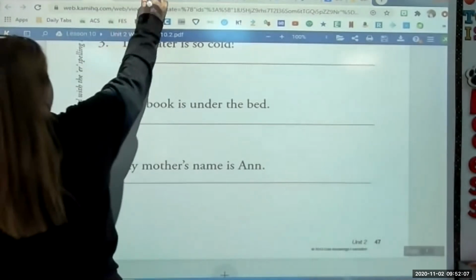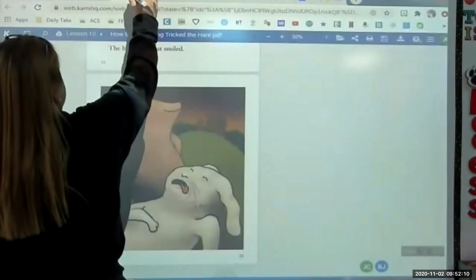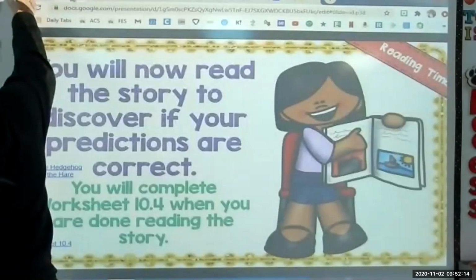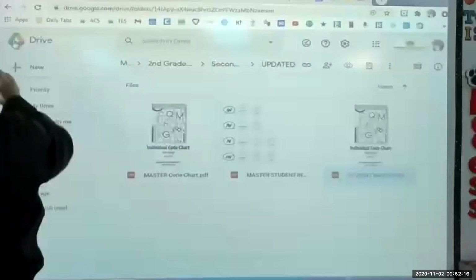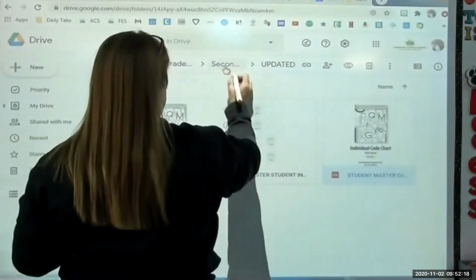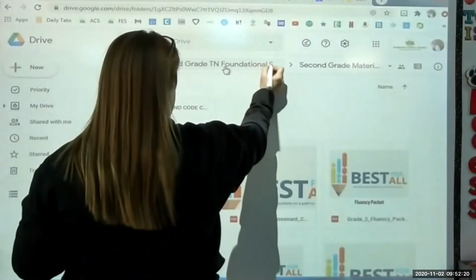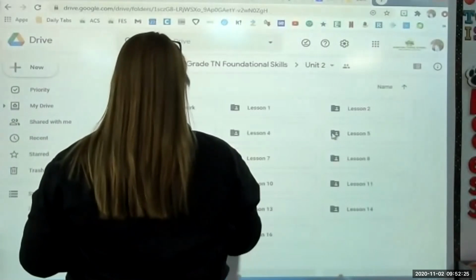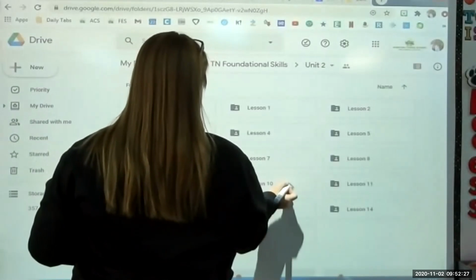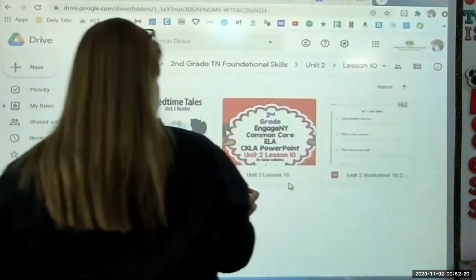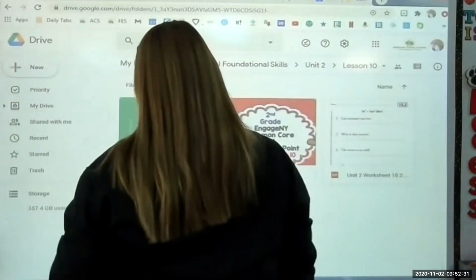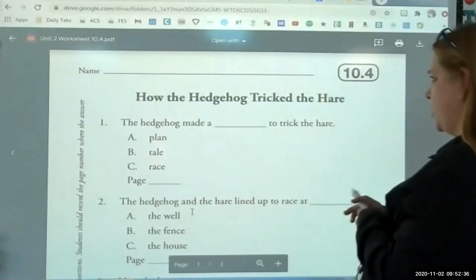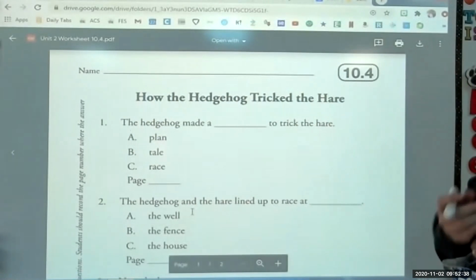Oh, that's not the right one. Hope it opens. Okay. So the hedgehog made a what to trick the hare?